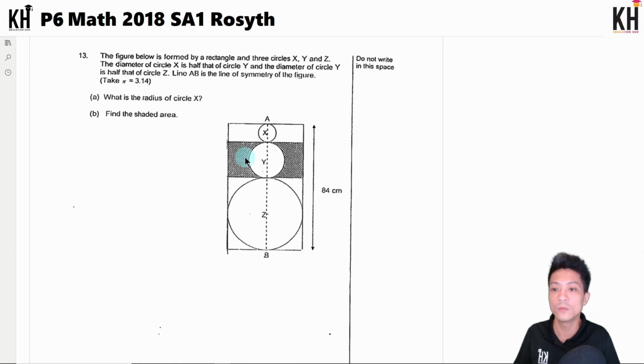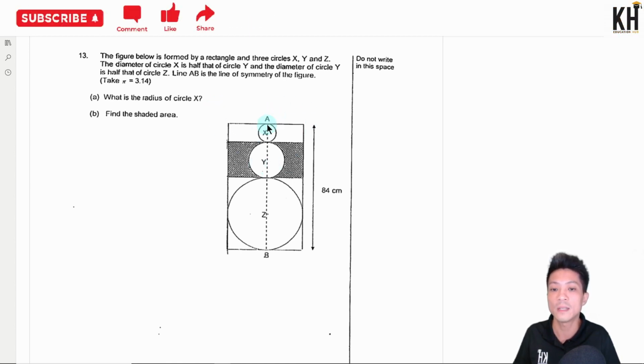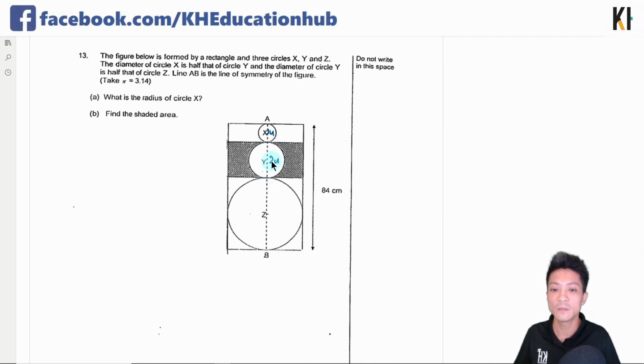We can do part A first. We're going to let the diameter of X be 1 unit, which means that the diameter of Y will be 2 units. If the diameter of Y is 2 units, that means the diameter of Z will be 4 units.